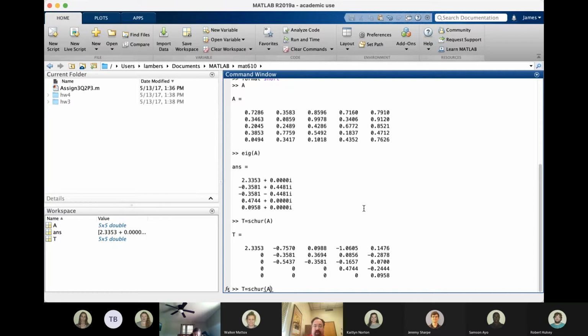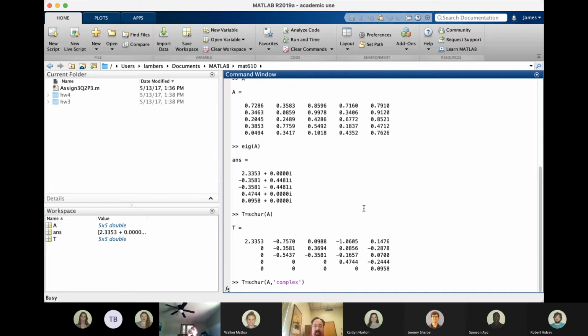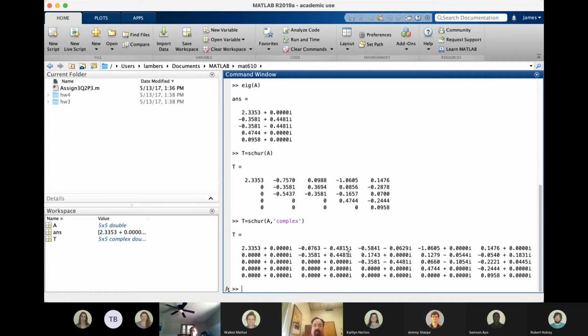Whereas if I do schur of A with 'complex', now it gives me a matrix that really is upper triangular. So I went ahead and diagonalized this 2 by 2 block. Now we can see both real and complex eigenvalues along the diagonal.